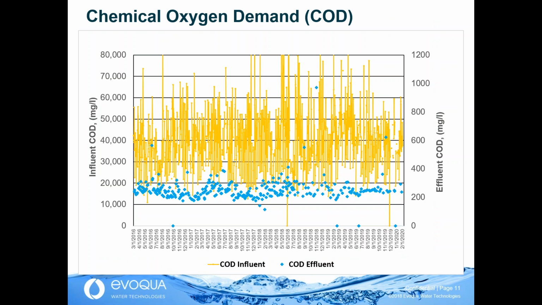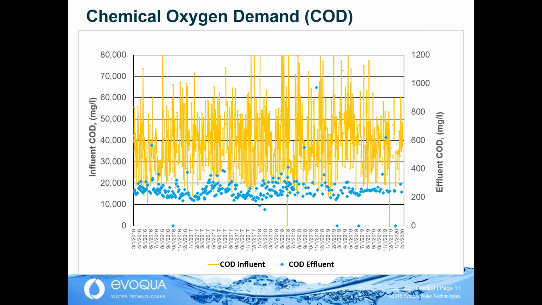Here's some operating data from Ken's. You can see the influent COD ranges from 35 to 40,000 milligrams per liter, and then you can see the effluent typically averaging under 300 milligrams per liter. So we're getting near complete removal of all the organics that are being sent to the system.